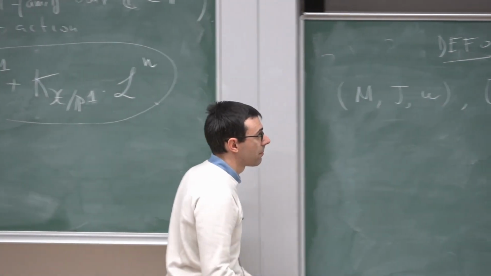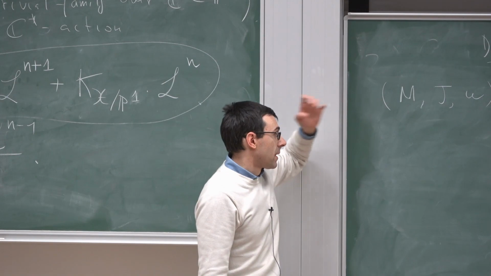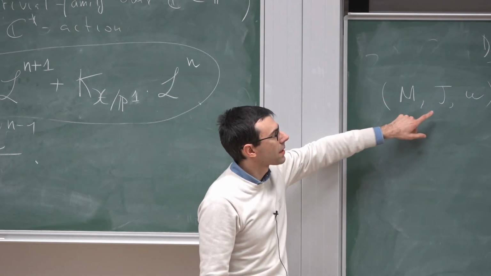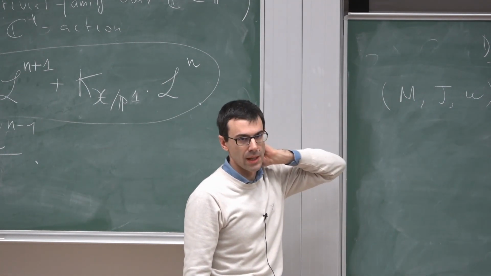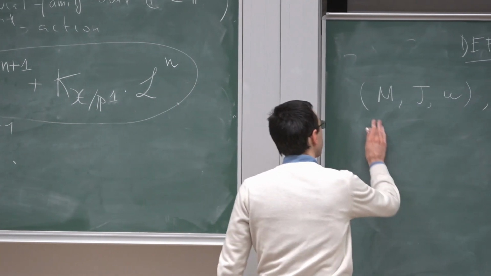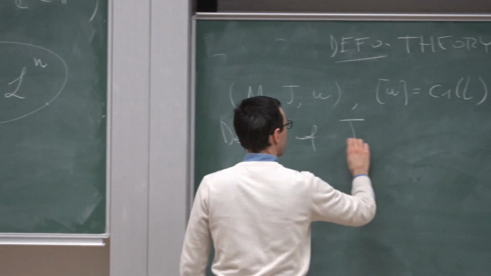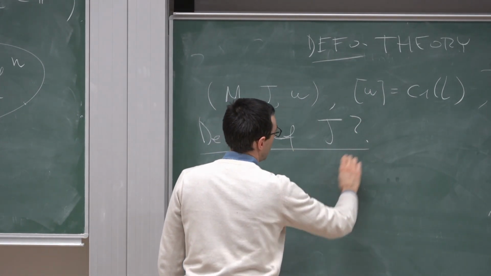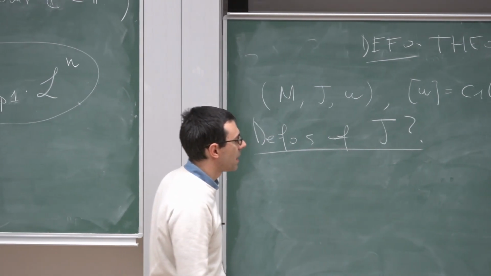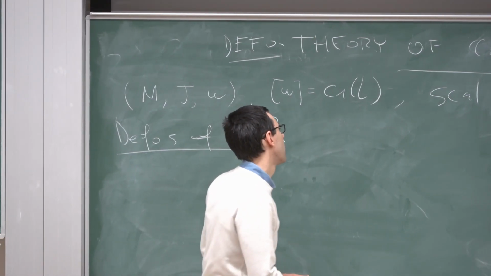And now you wonder about deformations of complex structures. Can I deform the complex structure while preserving this stability property that scalar curvature is constant? And so let me tell you morally what is the result and then the precise statement.